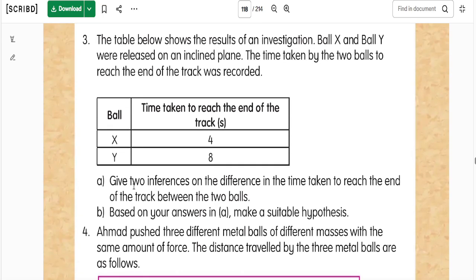Try number three. Read it. The table below shows the results of an investigation. Ball X and Ball Y were released on an inclined plane. The time taken by the two balls to reach the end of the track was recorded.